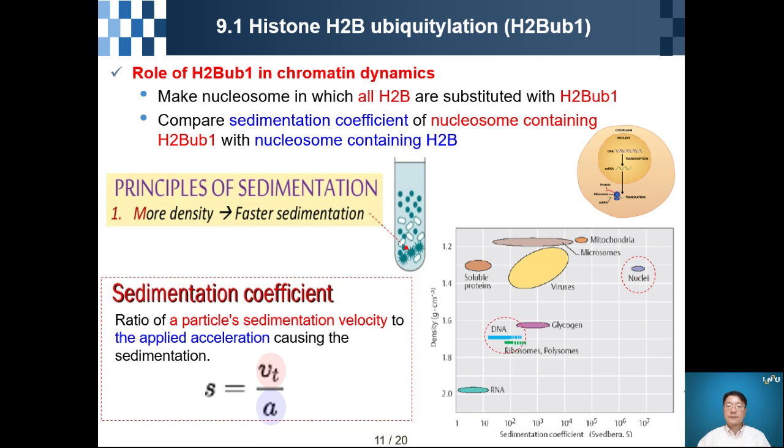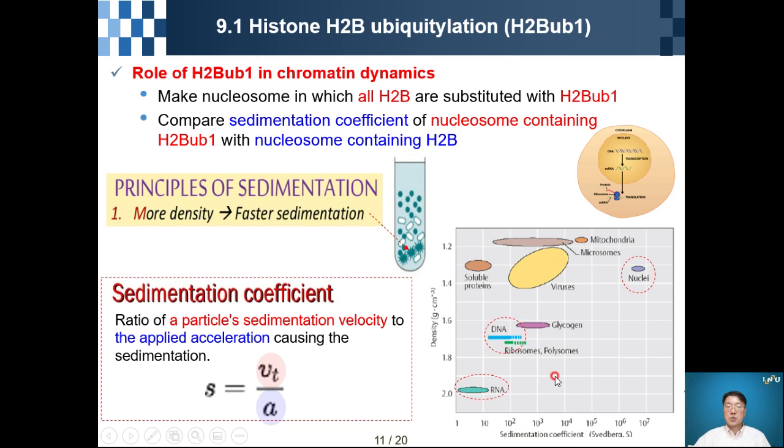How about DNA? DNA is composed of a double helix structure like this. It exhibits a medium density and a medium sedimentation coefficient. Finally, there is also RNA. RNA is a single-stranded molecule like this. It shows lower density and a lower sedimentation coefficient.